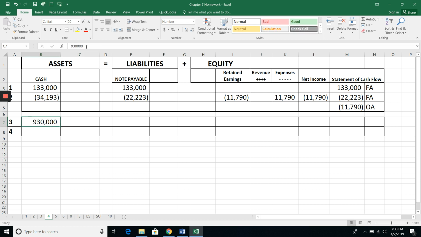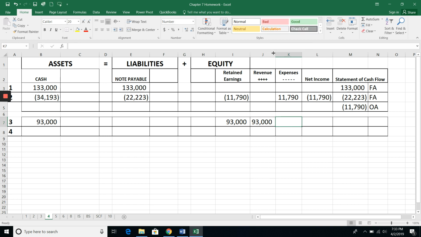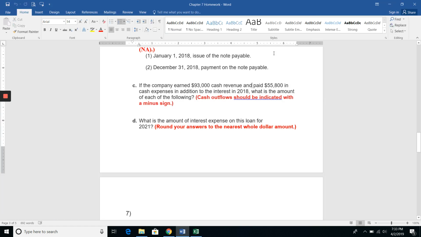Cash is going to increase by 93,000. Retained earnings is going to increase by 93,000. That was for our revenue. And we had no expense on that line. So we have our revenue minus our expenses, and our cash is increasing by our operating activity, by those sales to our cash customers.